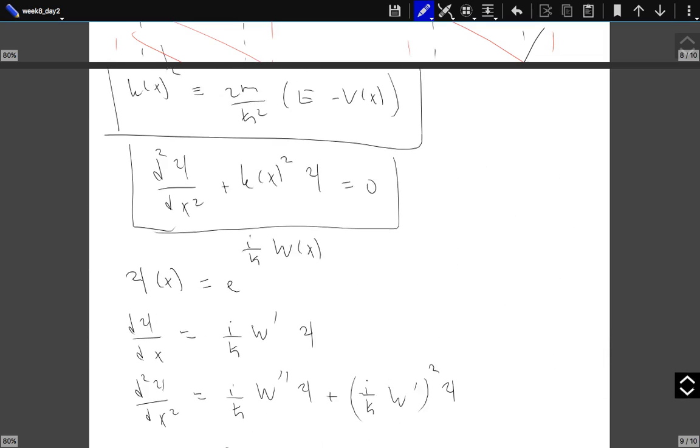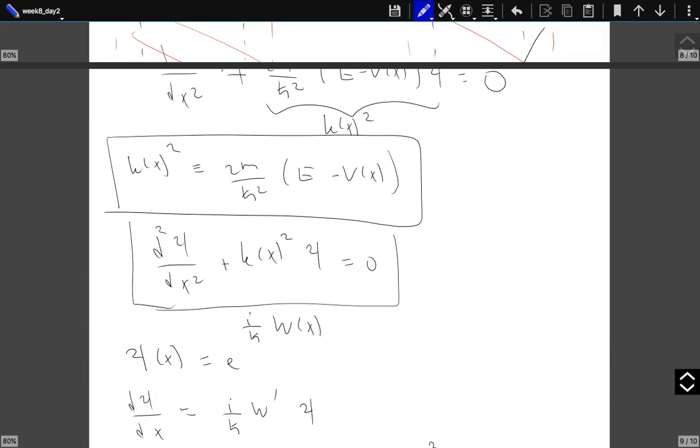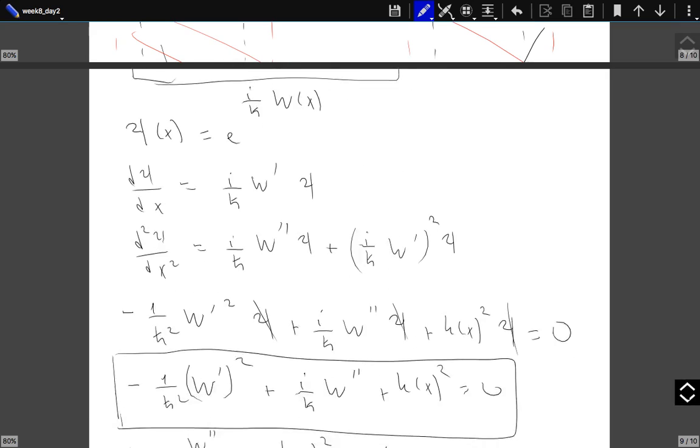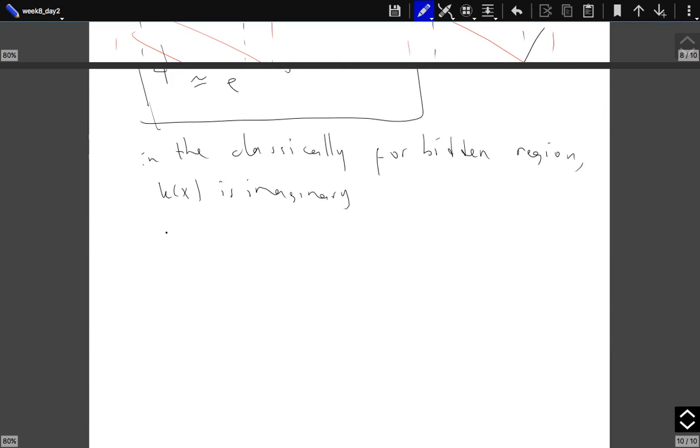If you look at the definition of k of x, the classically forbidden region is the region where v of x is larger than e. So if v of x is larger than e, then k of x squared is a negative number. If k of x squared is a negative number, it just means that k of x is an imaginary number. So we usually define k of x to be i times kappa of x, being the real number.